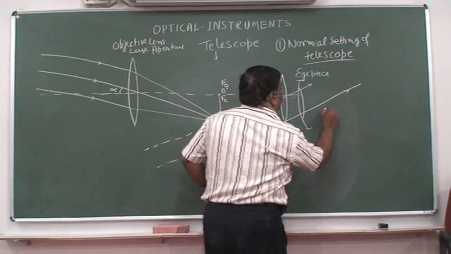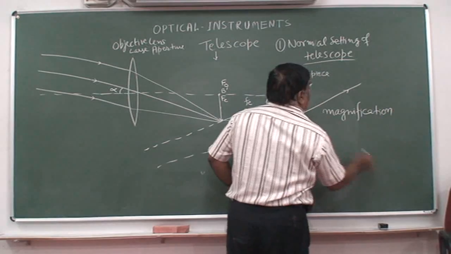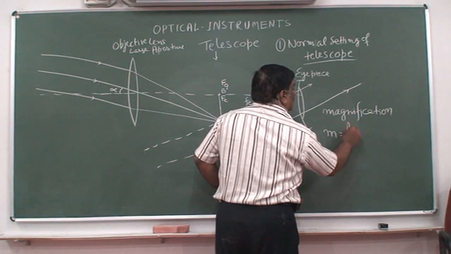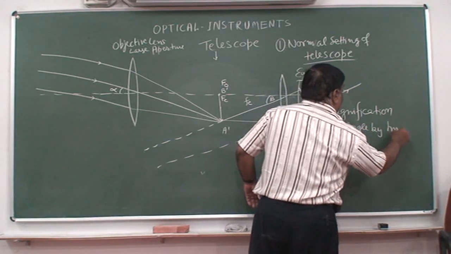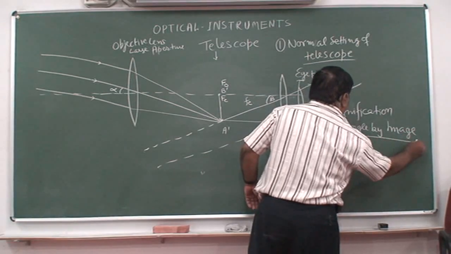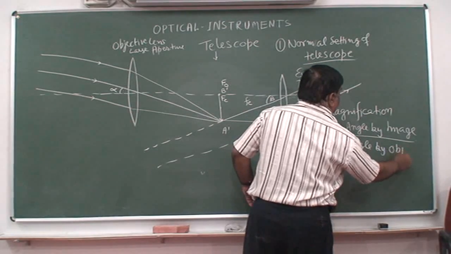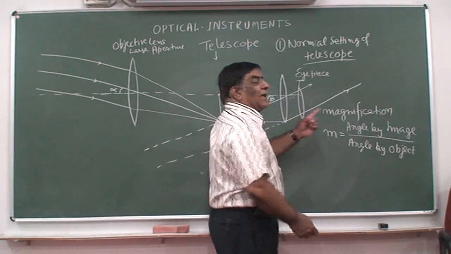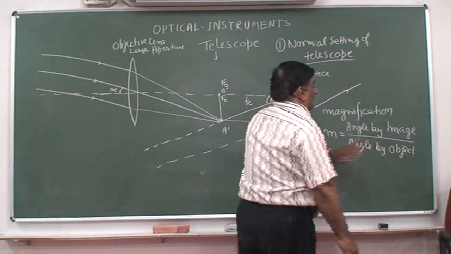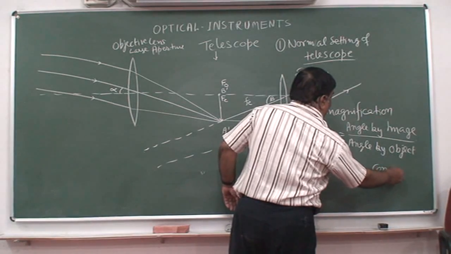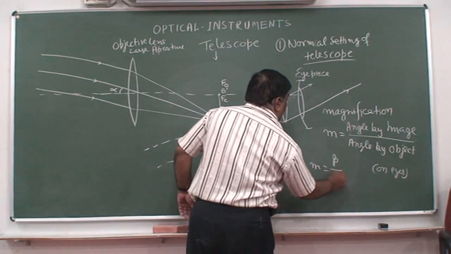So magnification M is angle by image divided by angle by object. Angle where? Angle made on the eye, that I have not written, it will be very long. So angle made by image, angle by object on the eyes. So M is equal to beta upon alpha.